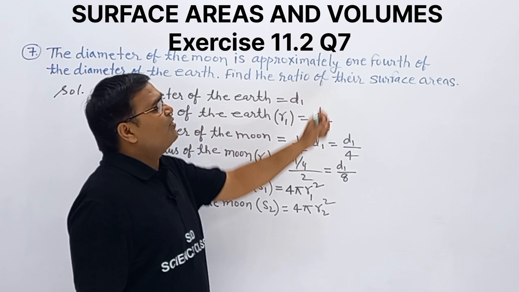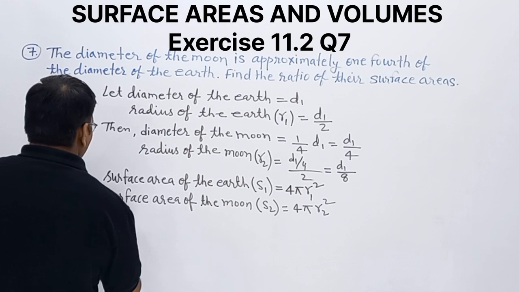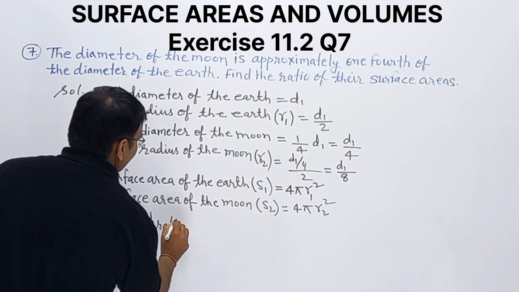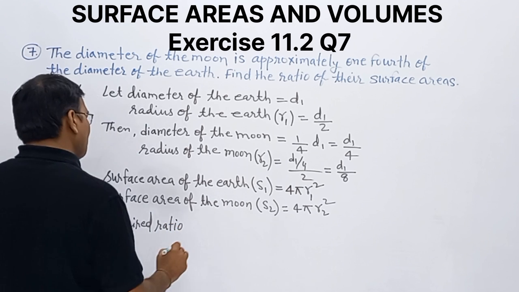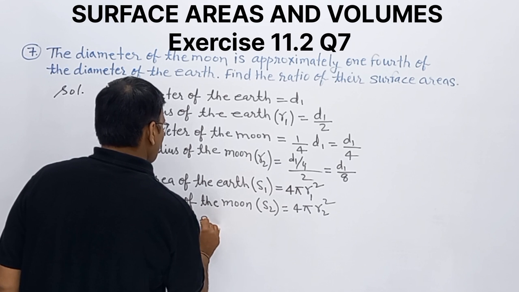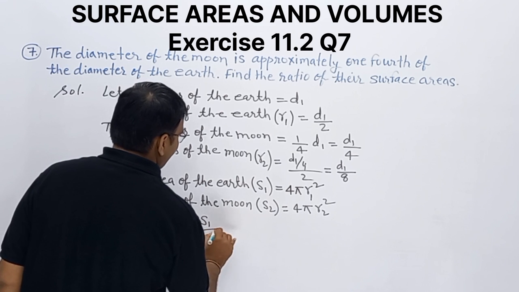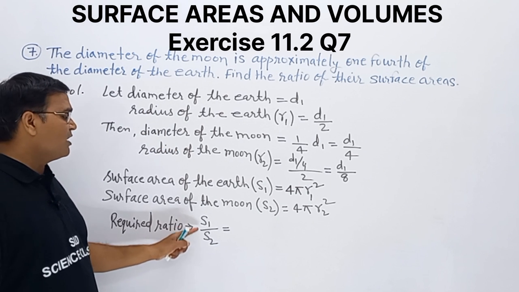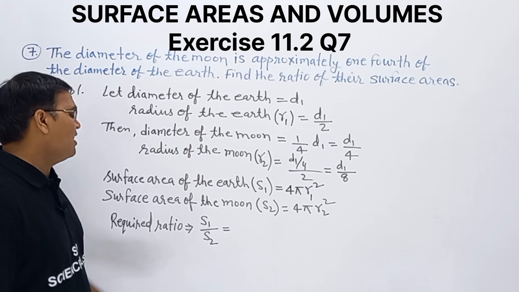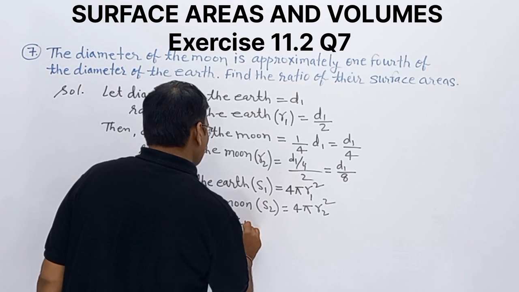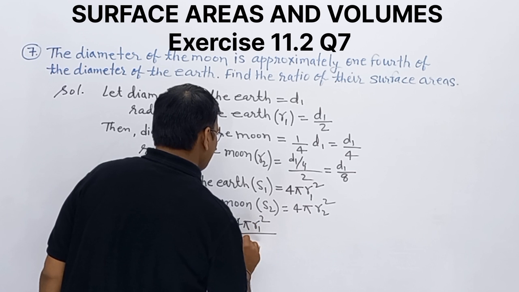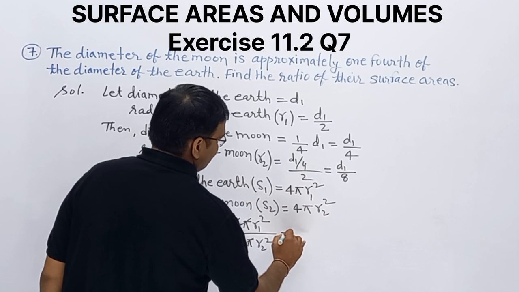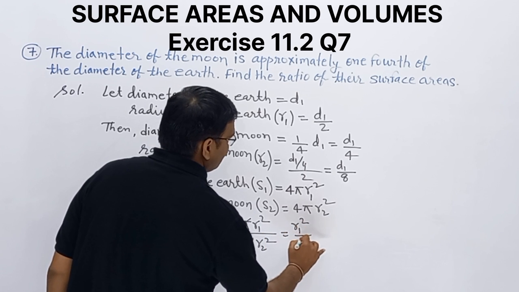We require the ratio of their surface areas: surface area of the earth to surface area of the moon, S1 upon S2. Putting the values, 4 pi r1 square divided by 4 pi r2 square. 4 pi and 4 pi cancel, and we get r1 square by r2 square.